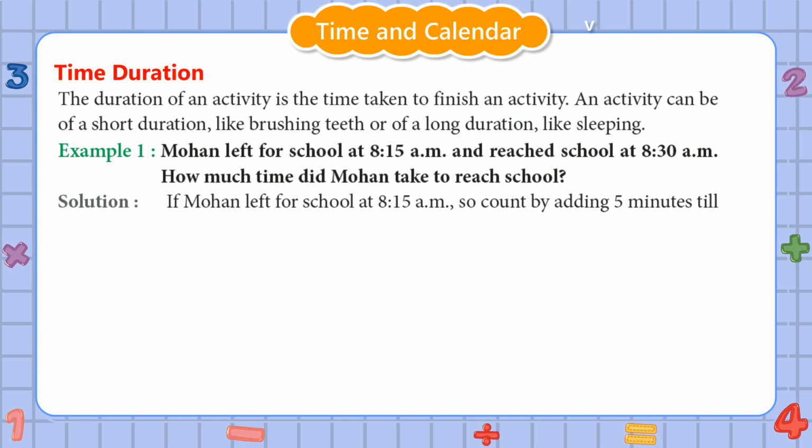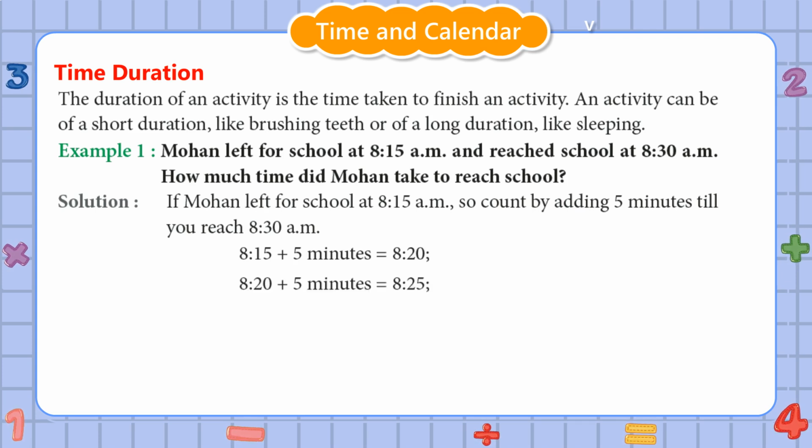Solution. Mohan left for school at 8:15 AM, so count by adding 5 minutes till you reach 8:30 AM. 8:15 plus 5 minutes is equal to 8:20. 8:20 plus 5 minutes is equal to 8:25. 8:25 plus 5 minutes is equal to 8:30.